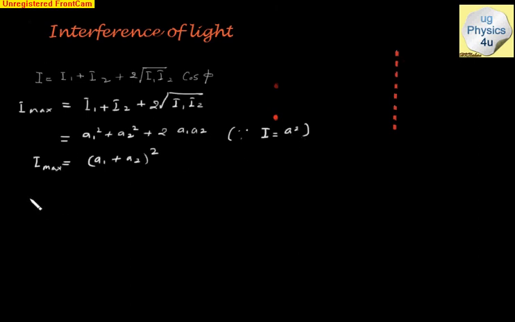Similarly, I minimum, that means the dark point, will be there when cos phi is equal to minus 1.